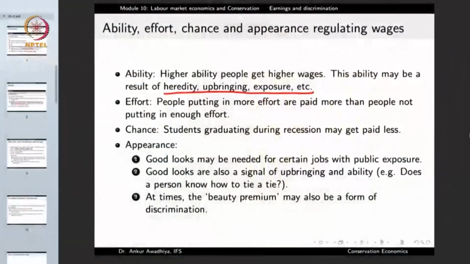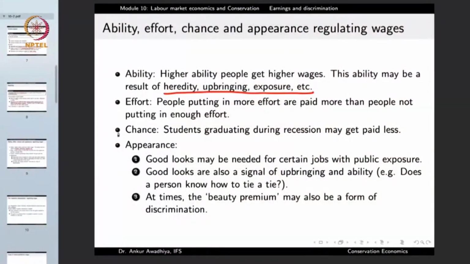Now, in that case, because person one is putting up more effort, he will typically earn much more in the market. So he will be getting a higher wage than person two. So the result of the neoclassical theory of distribution is modulated by the effort a person puts in. Higher effort means more wages.